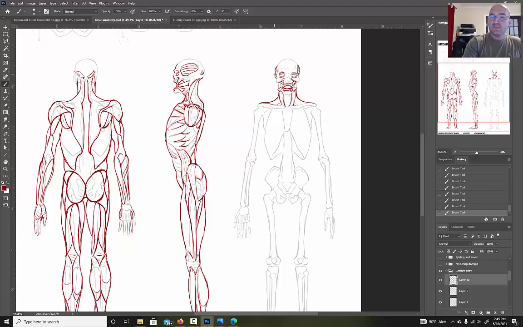Ears would be sitting in here. Got the muscles that are controlling your brow ridge. And then muscles that line your nose and also connect through to your mouth.